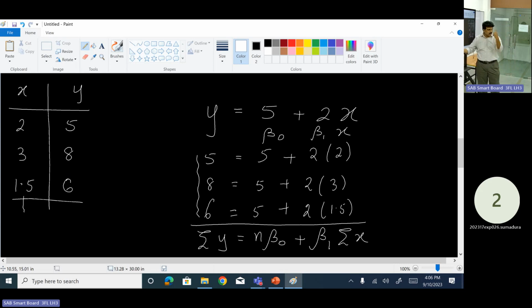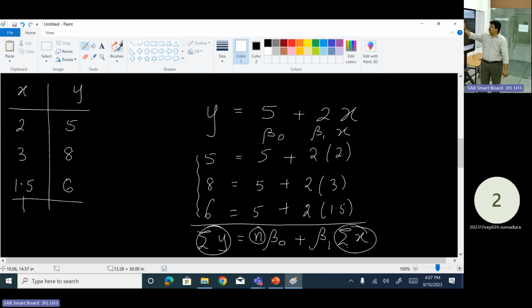Beta naught unknown, we have to find. Beta 1 unknown, we have to find. Sigma x, the X values are there. We can get this, we can get n, we can get this sigma x. So we get the equation in terms of beta naught and beta 1. We want to find beta naught and beta 1. So now we have one equation, right? How? By adding as it is.